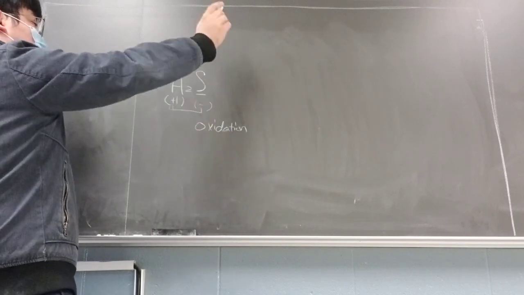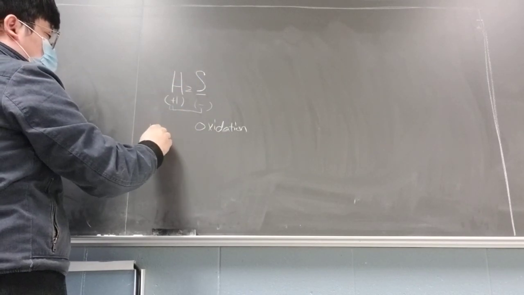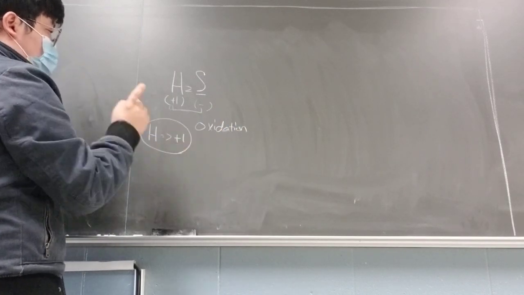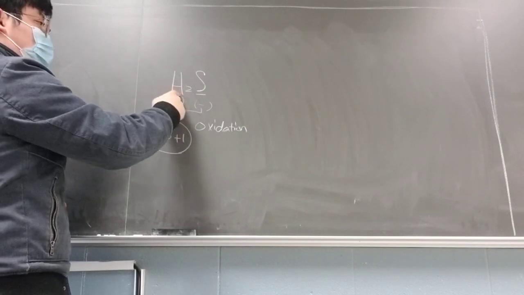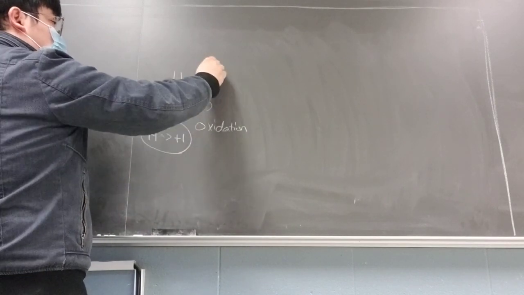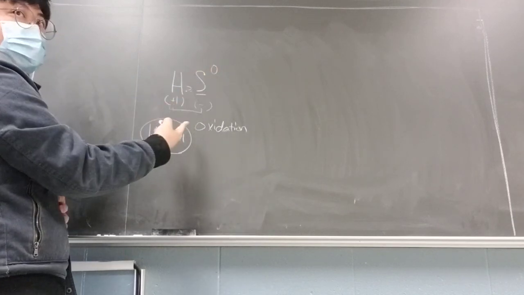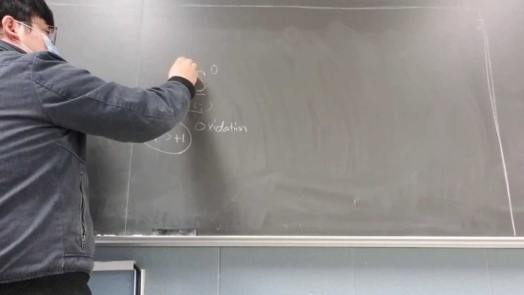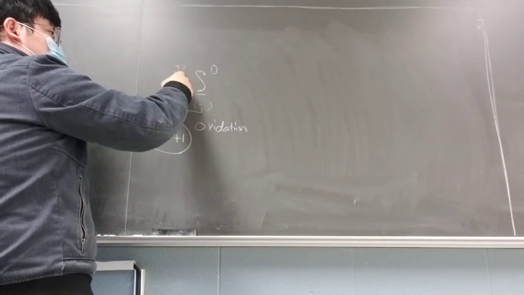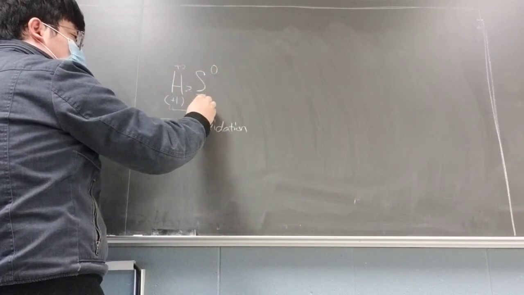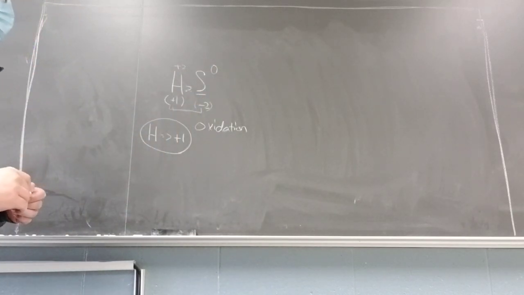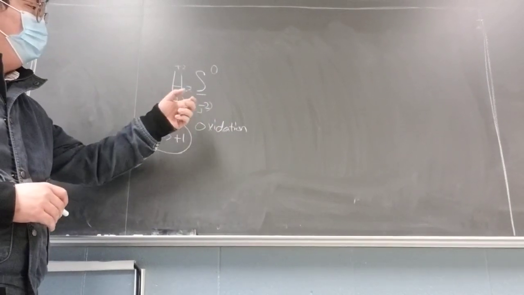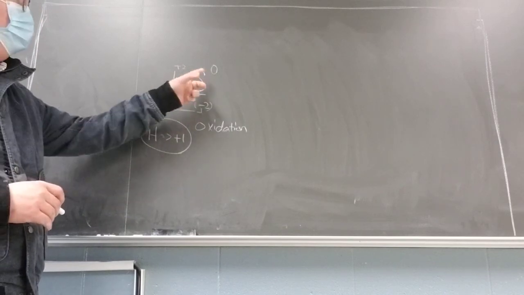So each hydrogen carries +1 as the formal charge and also the oxidation number. But there are 2 of them, and this is a neutral compound, right? So the hydrogens will be +2 in total, because +1 times 2 is +2. To be 0, sulfur has to be -2. So if I ask you for the oxidation number for sulfur in this compound, you should say it's -2, because with hydrogen, the total is 0.